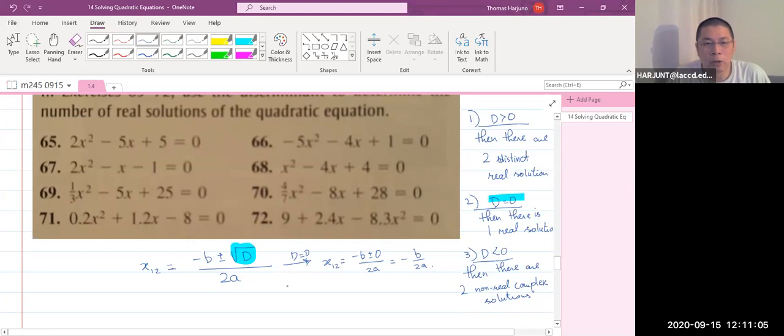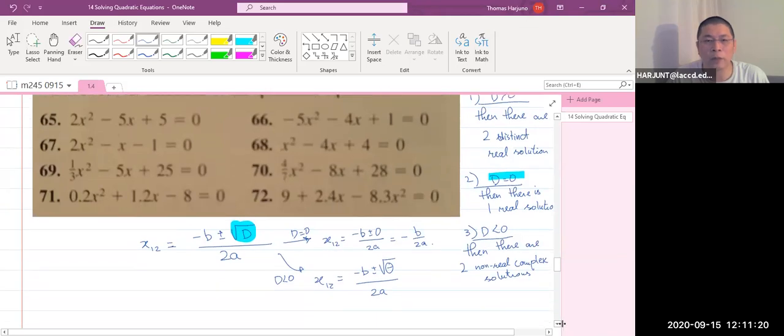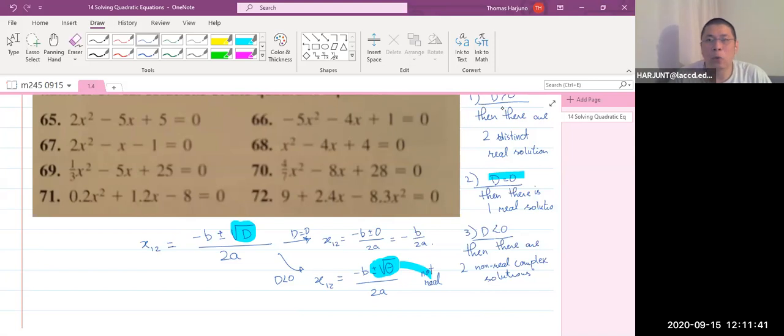Now if the discriminant is negative, then you will get x1,2 equals negative b plus minus the square root of a negative number, right? But the square root of a negative number is complex. It's not real. Correct?